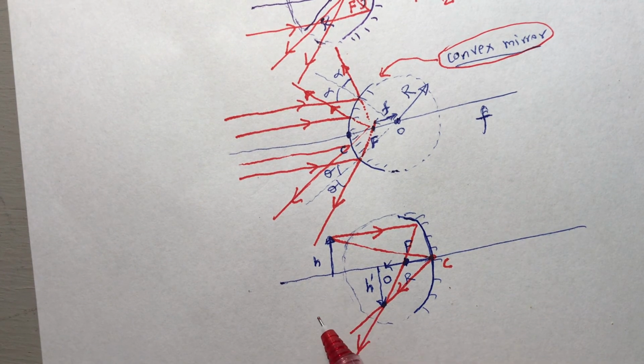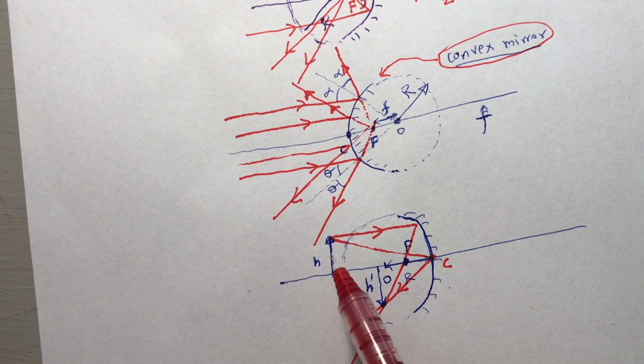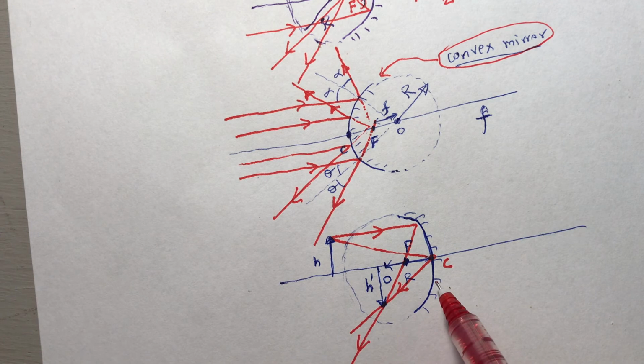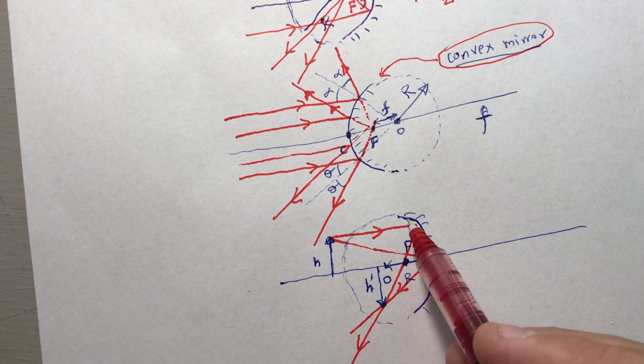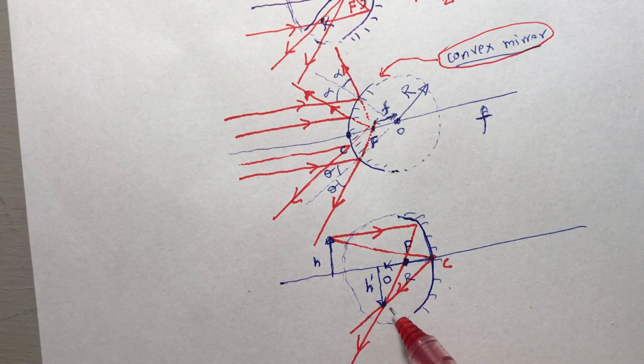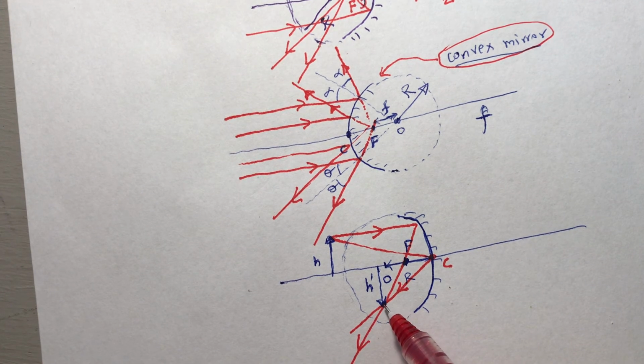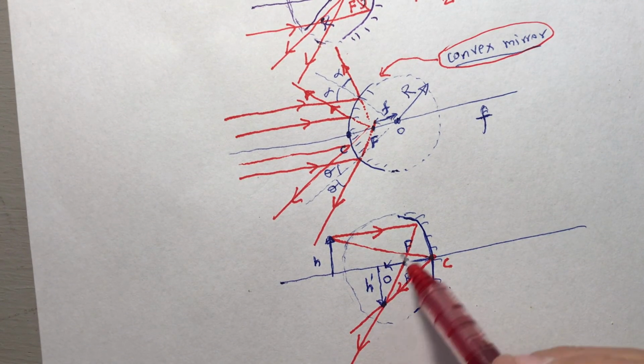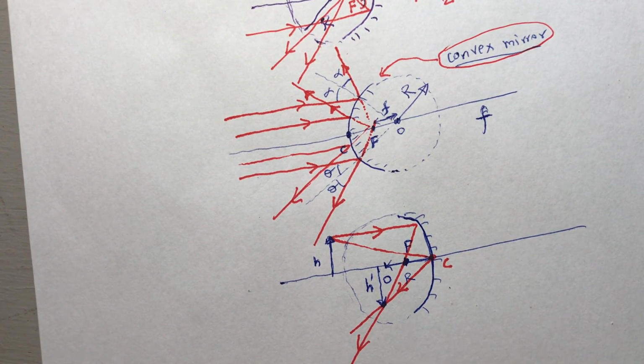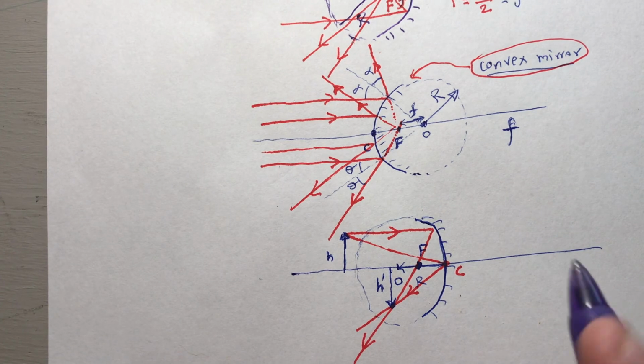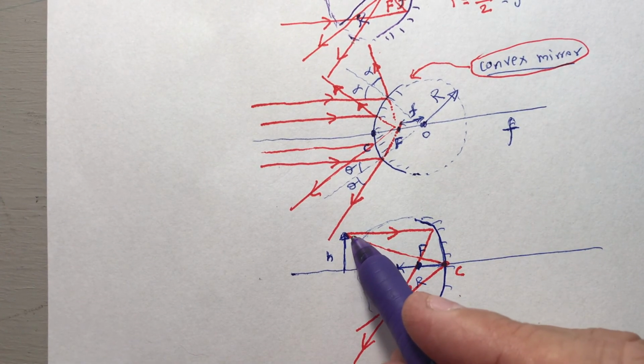If I make a ray go in through the focal point, because of the way I drew it, it's not going to hit that point. If I wanted a third ray, I would have to make the light come in like this.